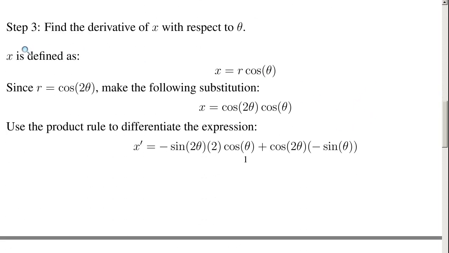On to step 3. Find the derivative of x with respect to theta. x is defined as x equals r cos theta. Since r equals cos 2 theta, make the following substitution. x equals cos 2 theta cos theta. Once again, I just replaced the r with the cos 2 theta. So now we have this.